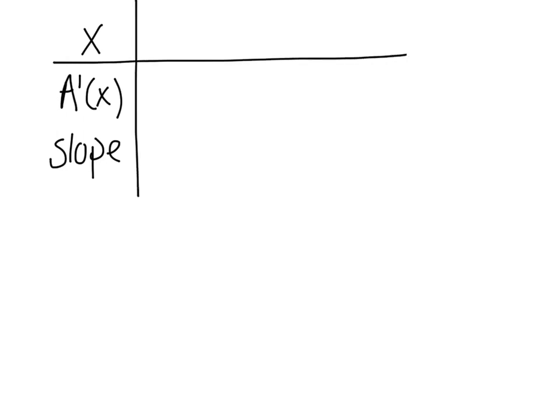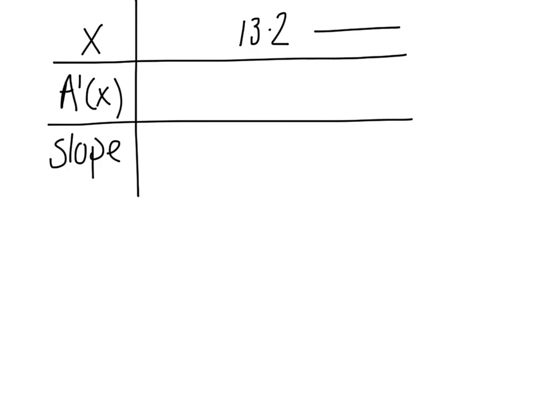So setting out our table, we have our stationary point 13.2, which we are hoping is going to be a minimum, and we need a value before and afterwards. So often 0 is a good one to choose whenever we can, but in this case 1 is better. And then we'll choose a value bigger than 13.2, which is 20.